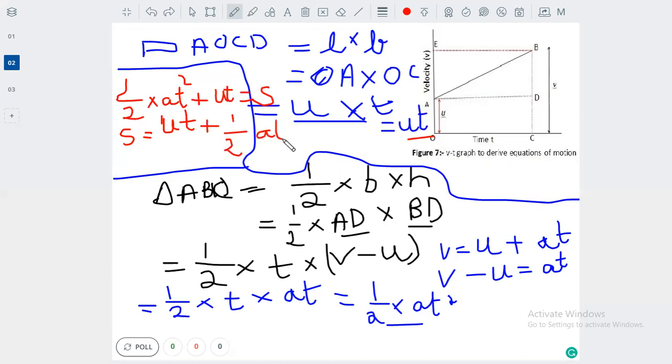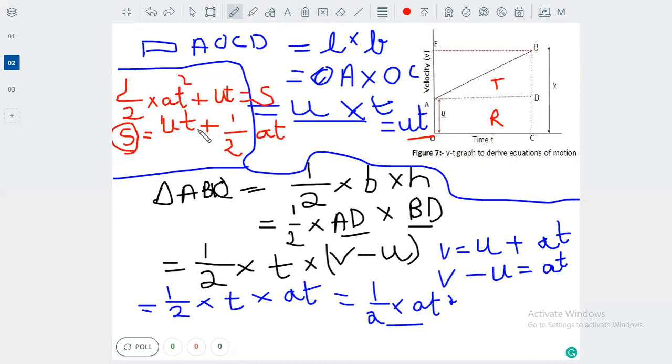Done. So to find the distance, remember always, we have to find the area of the figure. We found the area of a triangle and even the area of a rectangle. After finding the area, we have added both like this. Then we got the distance. Here distance is S. S is equal to UT plus half AT square.